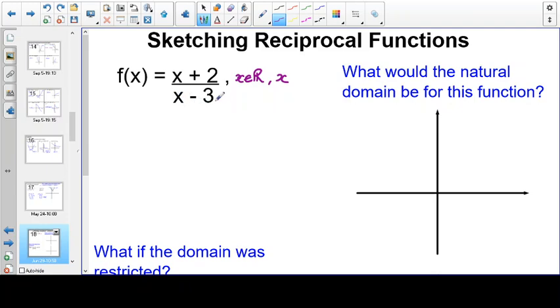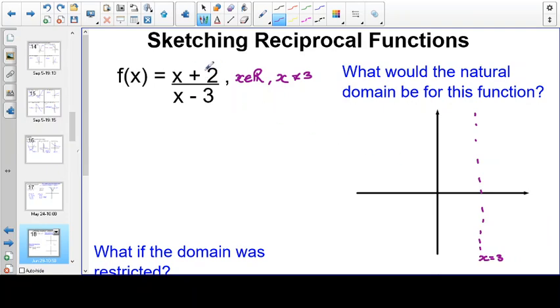Because if x is 3, this is 0, and you can't have something divided by 0. So x can't be 3. Now that should immediately tell you that there is an asymptote at x equals 3.